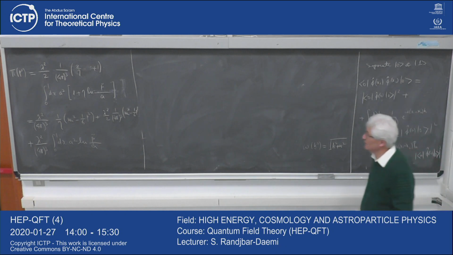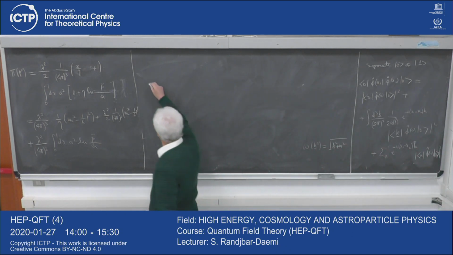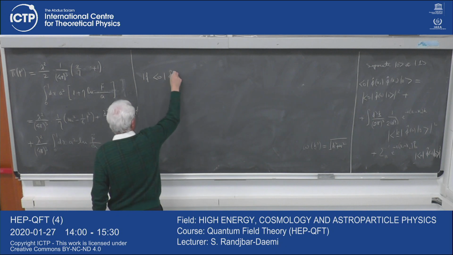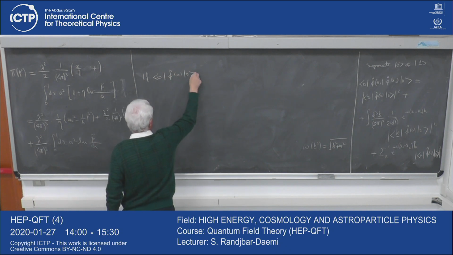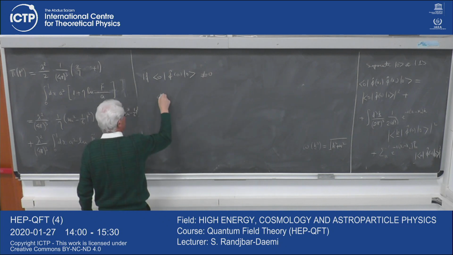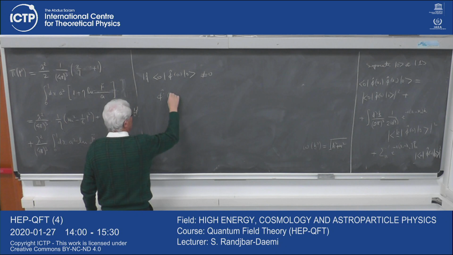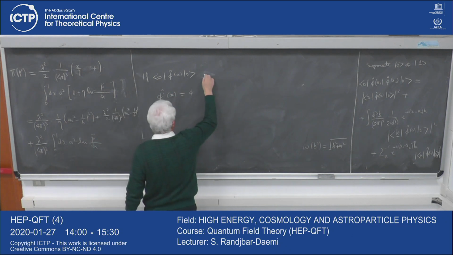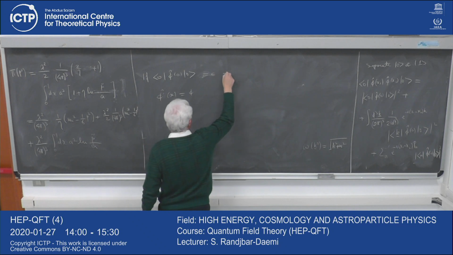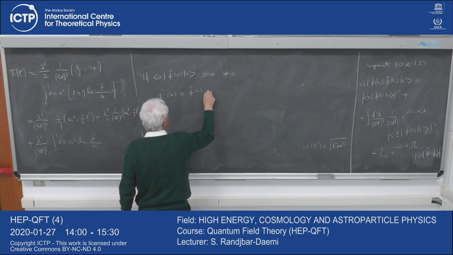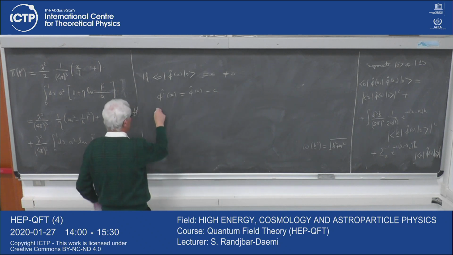Okay? So if it's different from 0, then the operator phi hat prime defined by, so let's call this C, will have vanishing vacuum expectation value.